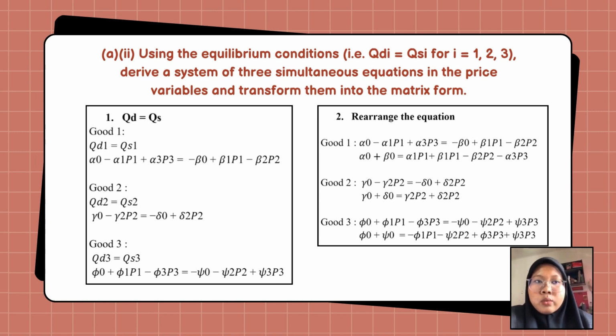Next, for good 2, we get gamma 0 plus delta 0 equal to gamma 2 P2 plus delta 2 P2. For good 3, we get phi 0 plus psi 0 equal to negative phi 1 P1 minus psi 2 P2 plus phi 3 P3 plus psi 3 P3.